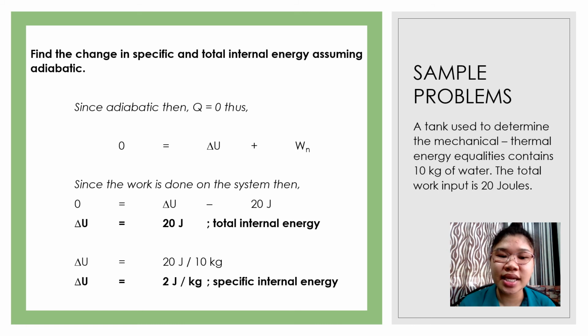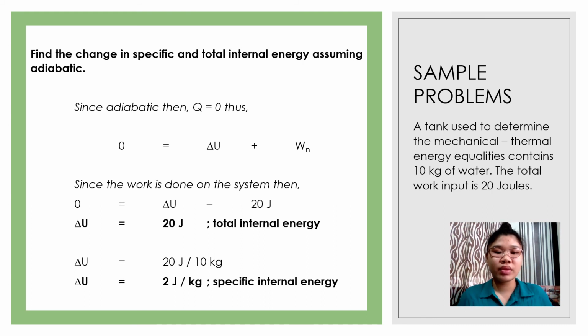Since the work is done on the system, the given work input of 20 joules is substituted as negative 20 joules in the equation. As you can see, 0 is equal to delta U minus 20 joules.